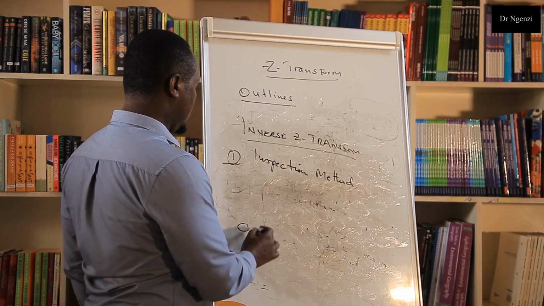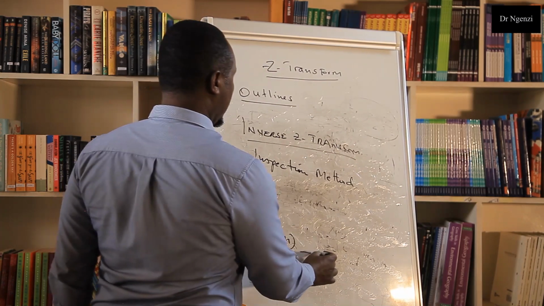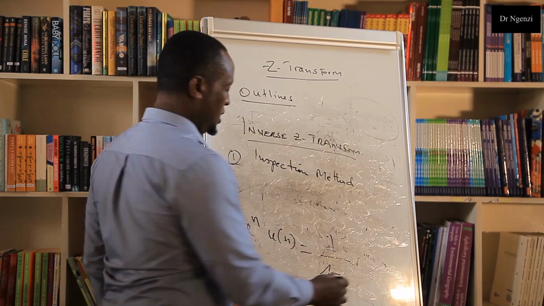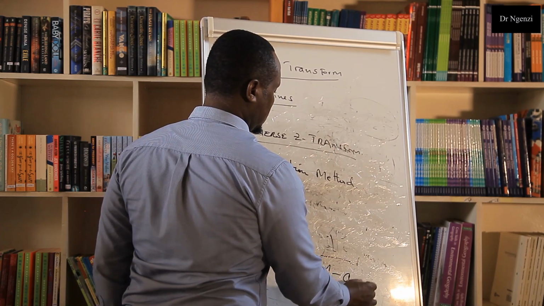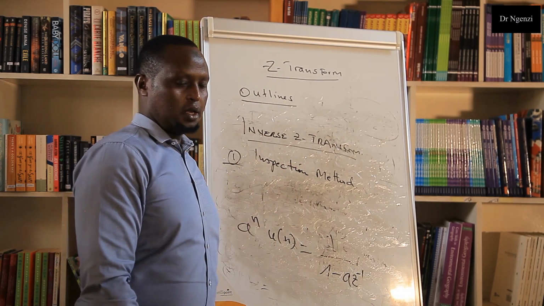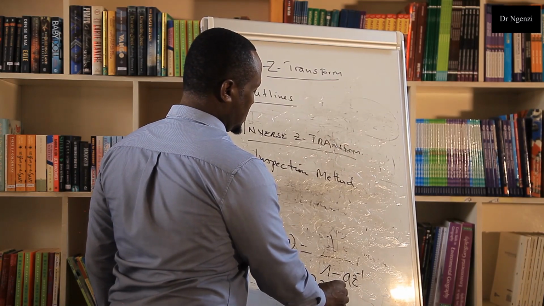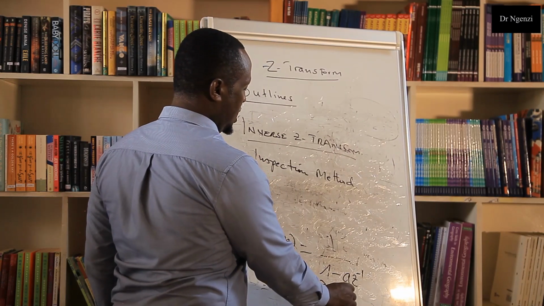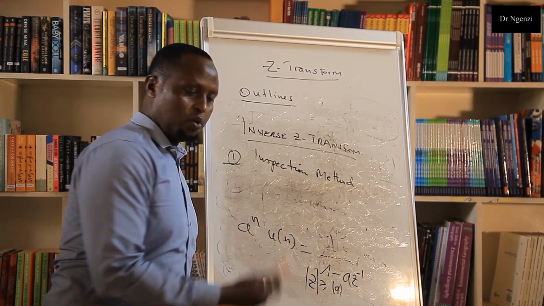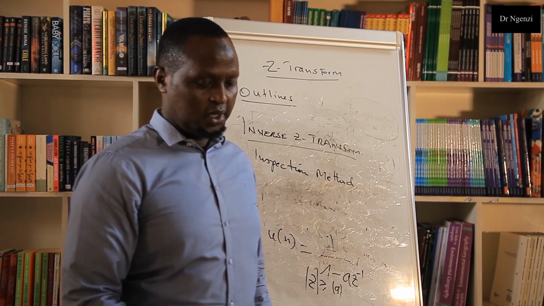If you have a to the power n, u of n, you remember we will have 1 over 1 minus a z to the power negative 1. And in this case, it is for the modulus of z greater than or equal to the modulus of a. So this is what we call the inspection method.